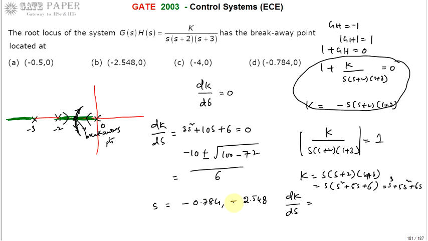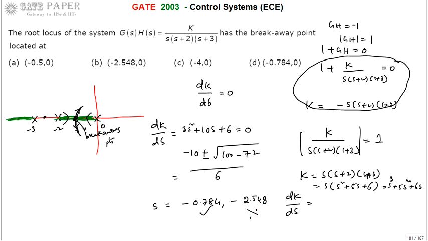Out of these two points, we have to check which is the valid breakaway point, the one which exists on the root locus. Minus 0.784 is between 0 and minus 2, so it is present on the root locus. So this is a valid breakaway point. Minus 2.548 lies between minus 2 and minus 3, which is not on the root locus.